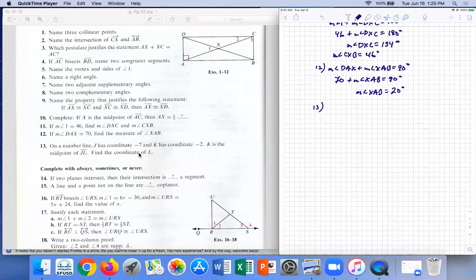So number 13, on a number line, J has coordinate -7. So let's have our little number line here, right? J is -7, so this is J. And then K is -2. So let's mark, 1, 2, 3, 4, 6.